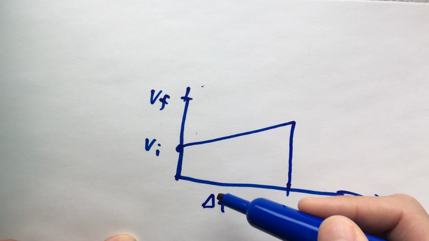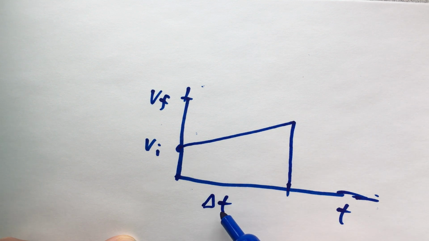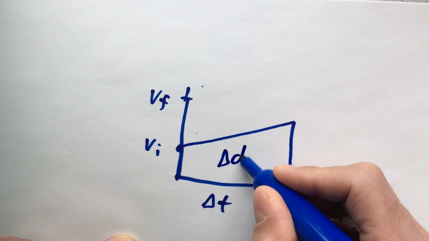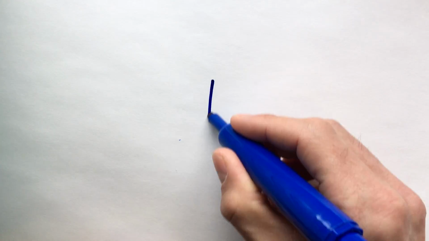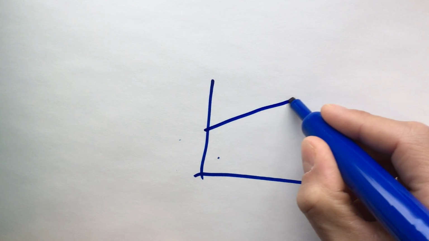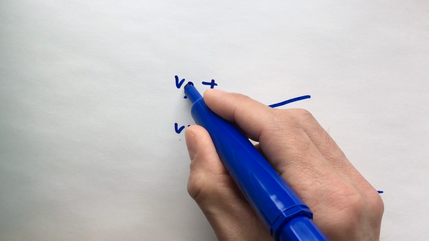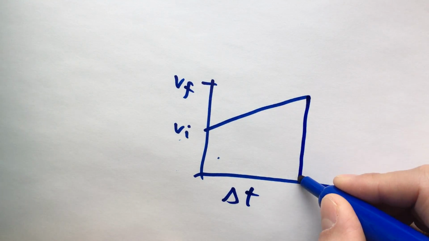Because the product of velocity and time gives you displacement, the displacement during this time interval is going to be the area under this graph. So how do I find that area? That's our initial velocity, that's our final velocity, and this is our change in time.